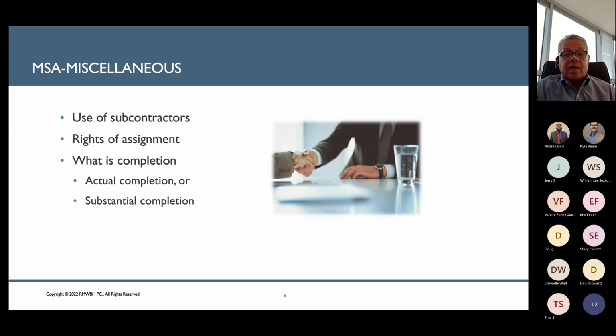Our typical language is that the contract cannot be assigned without the board's permission or authority or approval. And what we see in a lot of vendor contracts is, well, we can assign it at any time, to whoever we want to and when we want to. And we don't really like that. A lot of times you'll sign with a vendor and you pick that vendor because you like those people or you know that they can do a good job.